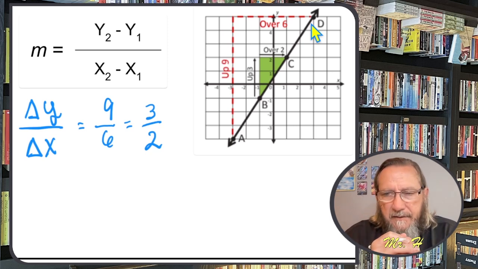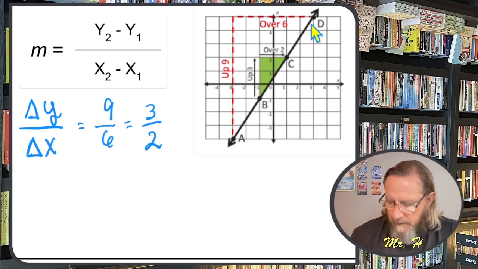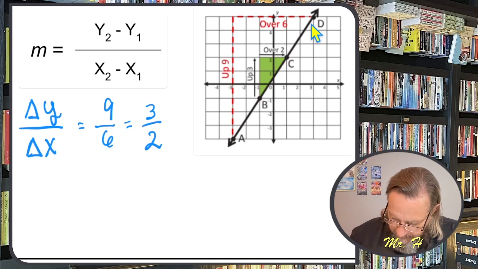Points A and C. How is that going to look? Well, let's take a peek at that. We're going to go from point A, which is right here on the y-axis, up to here, which is point C on the y-axis, and that's going up 1, 2, 3, 4, 5, 6.